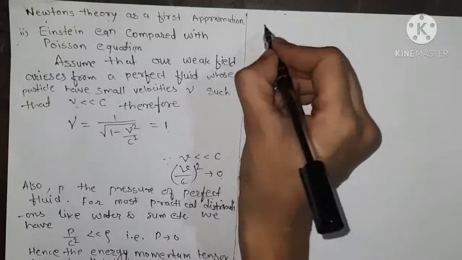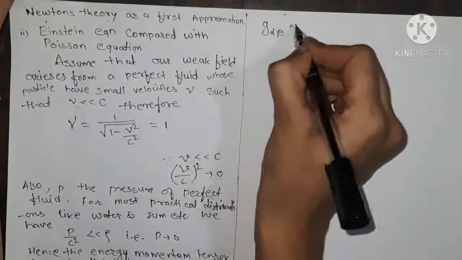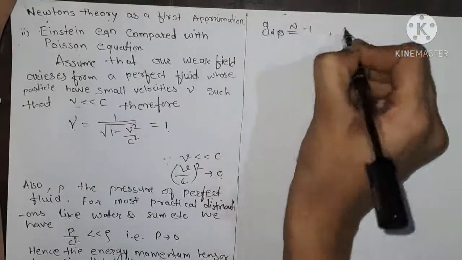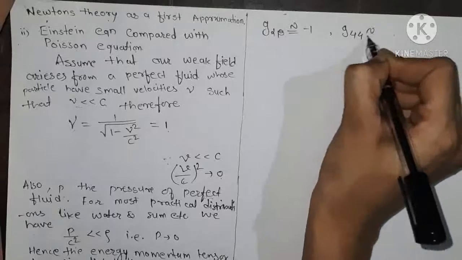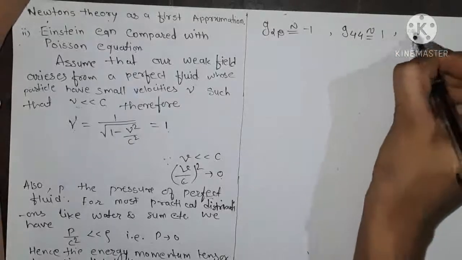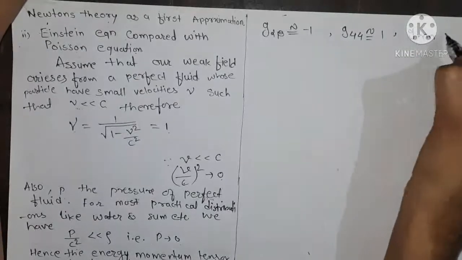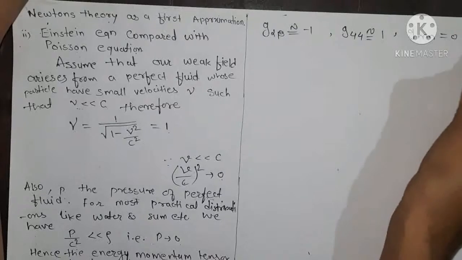So for the weak field, g alpha beta is approximated to -1, g44 is approximated to 1, and g mn equals 0 when m is not equal to n.